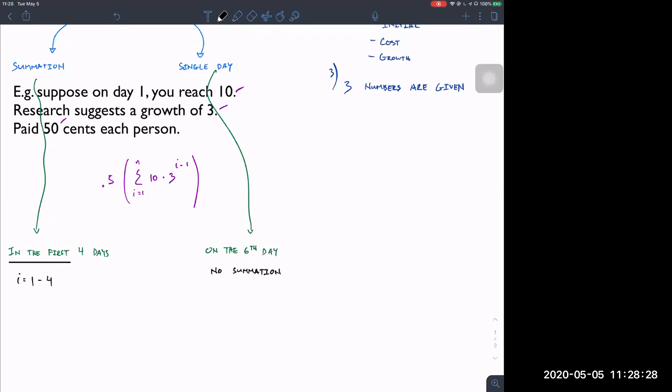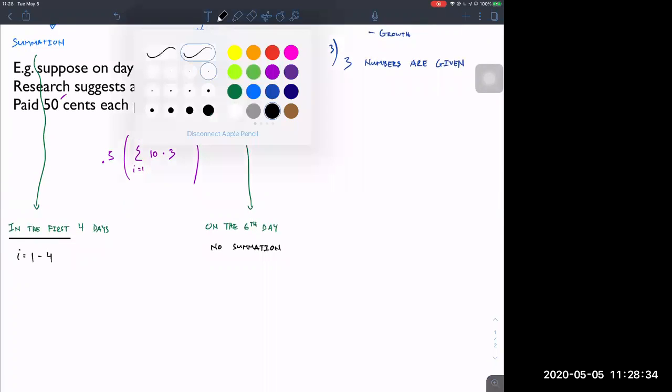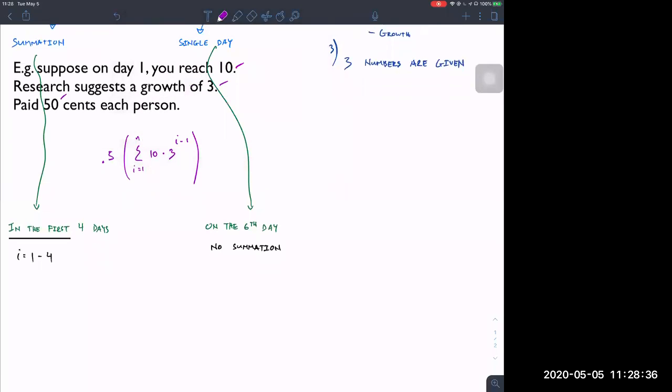Singular days are non-summation forming because it's a single day. Therefore, when you have no summation, you simply take down exactly what was given to you, and you plug in whatever day was there. Here in this case, since it is the 6th day, it goes straight down to 6 here, minus 1, and then you calculate this.